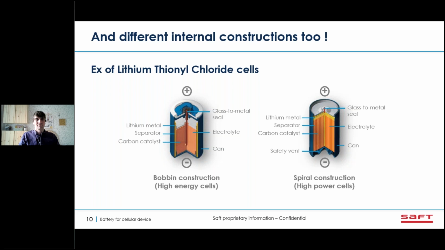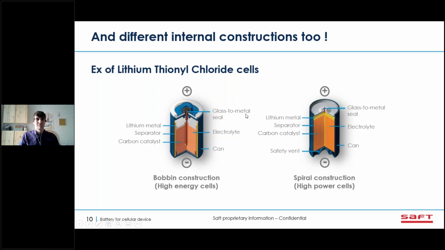Bobbin construction is much more for high energy applications, so extremely long life duration with a very smooth level of current asked. For this kind of application, you have the lithium metal, which is in direct contact with the can. You have a separator. In the middle, you have a carbon catalyst. You have a nail in the middle. You fill with electrolyte. You close the cell, and you directly have the negative and the positive terminal of the battery.